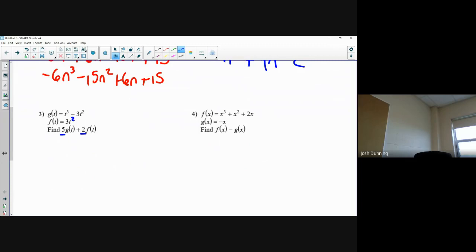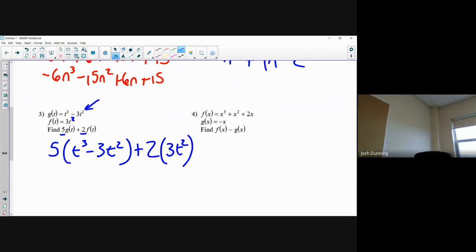So 5g, 5 times g, it's a binomial, so I got to put parentheses around it, plus 2f. And remember that f should have had t squared. Now we have something to do.